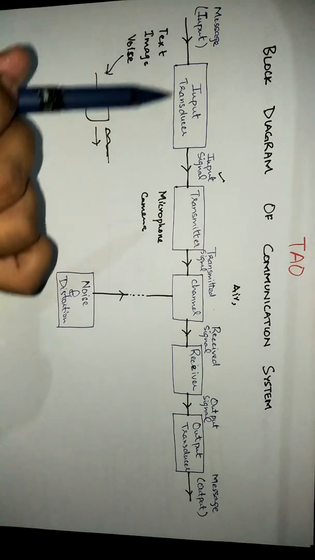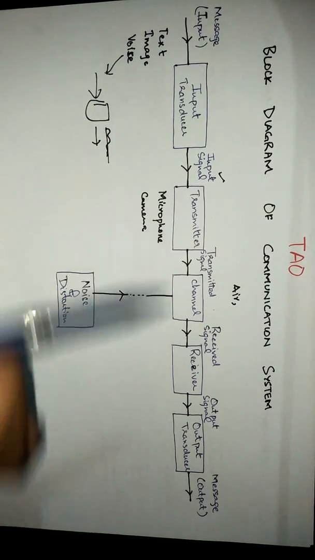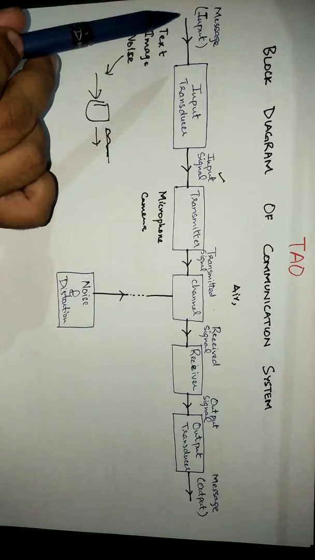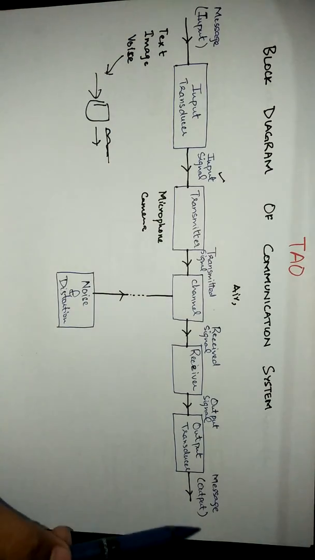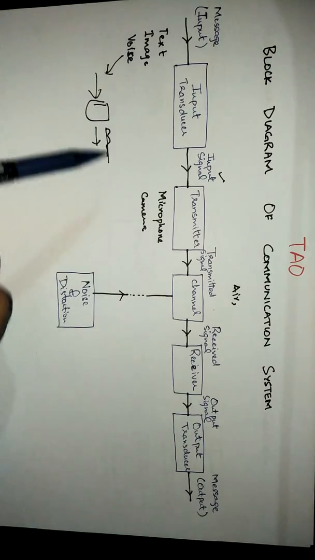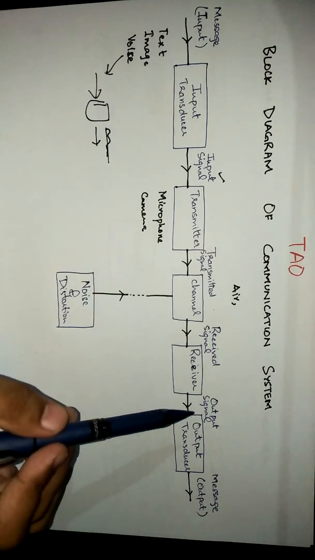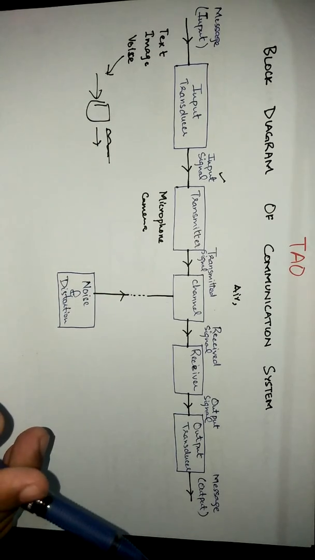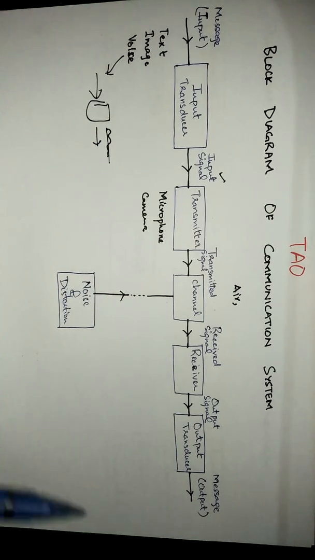Here the output transducer reverses the function and provides the message that was sent by this user to this user from the output signal. The output signal must be the same here and here for ideal communication, that must be noted.